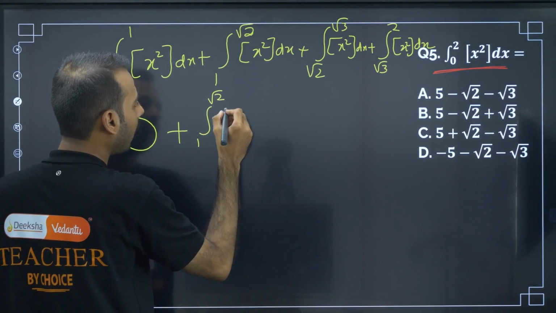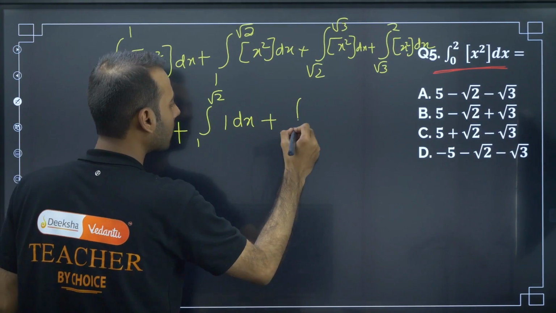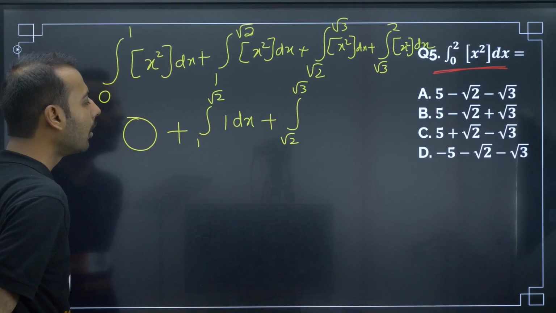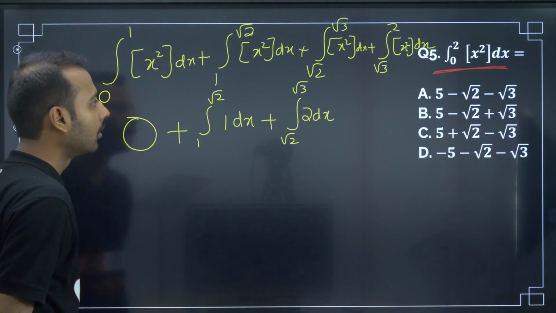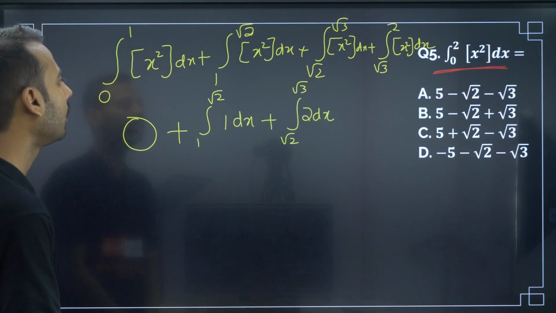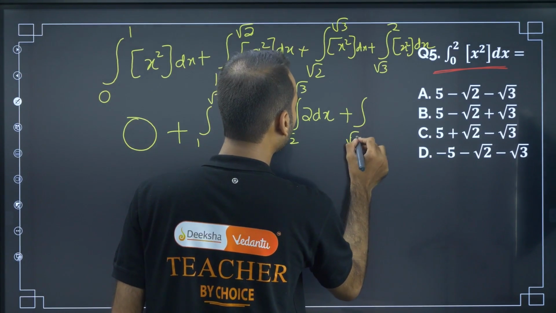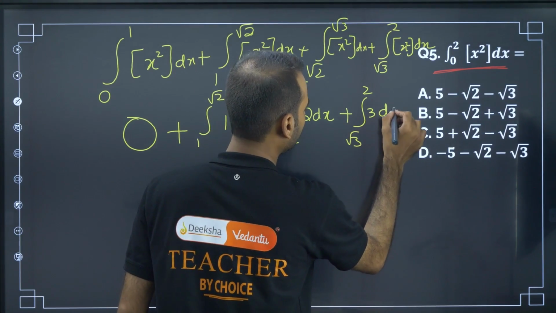From root 2 to root 3, here we will always get 2 dx. Next, root 3 to 2, 3 dx.